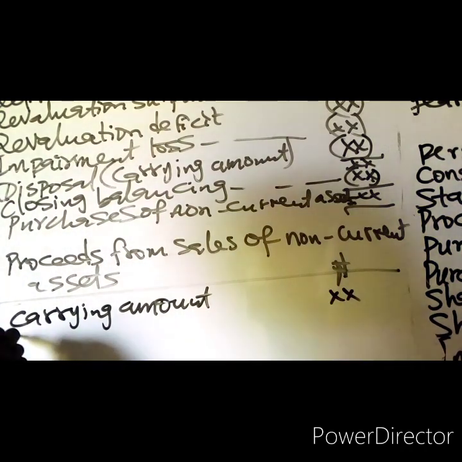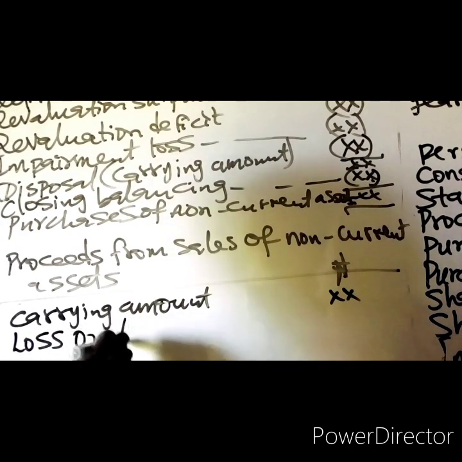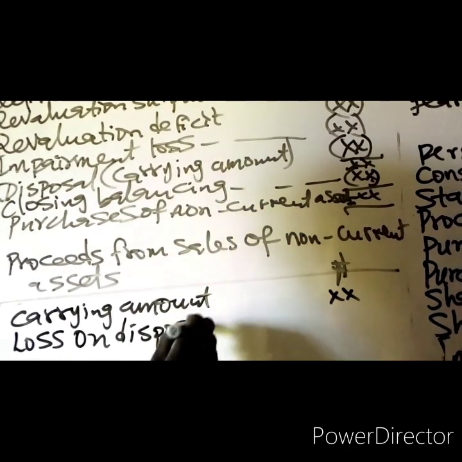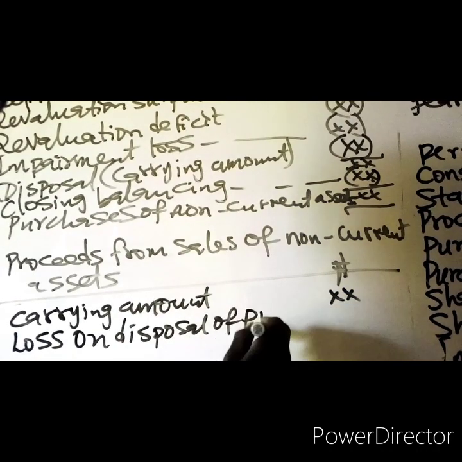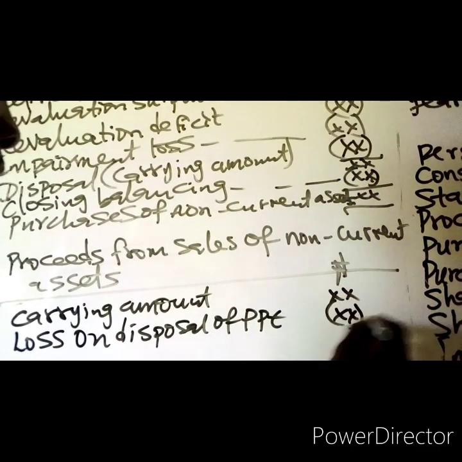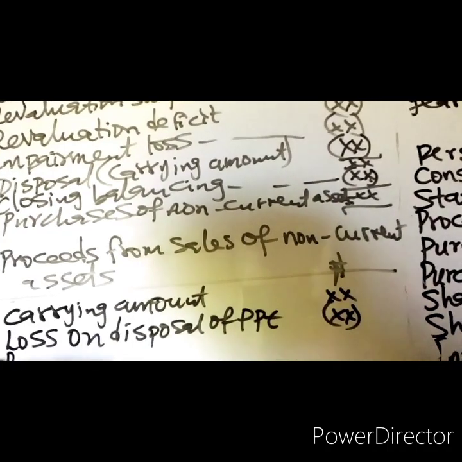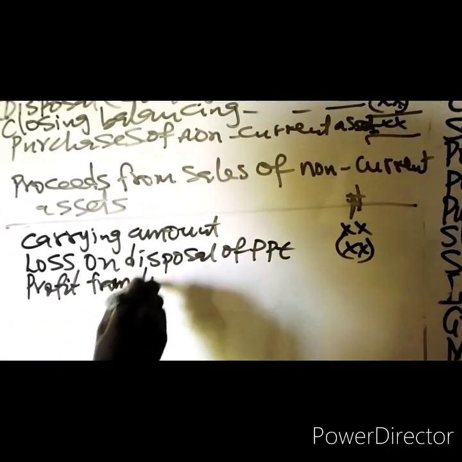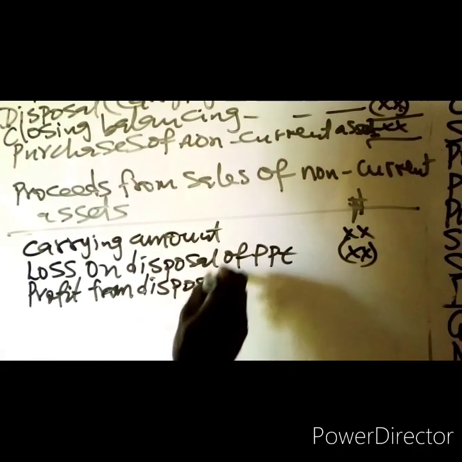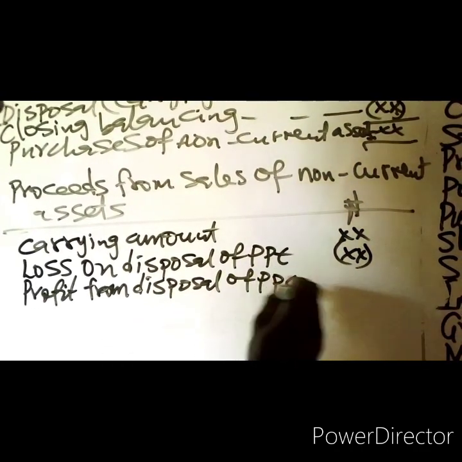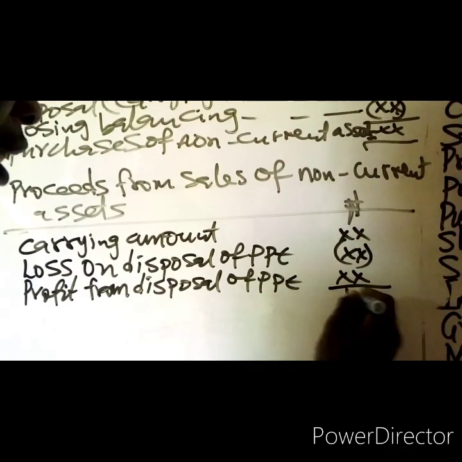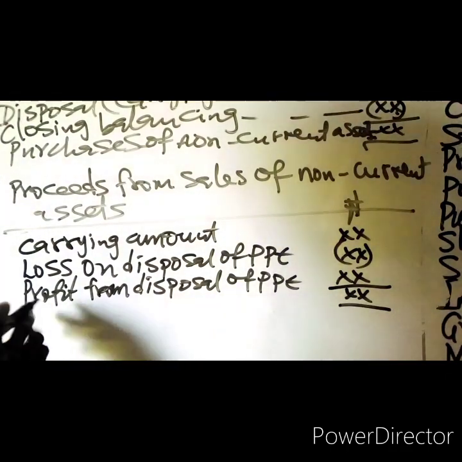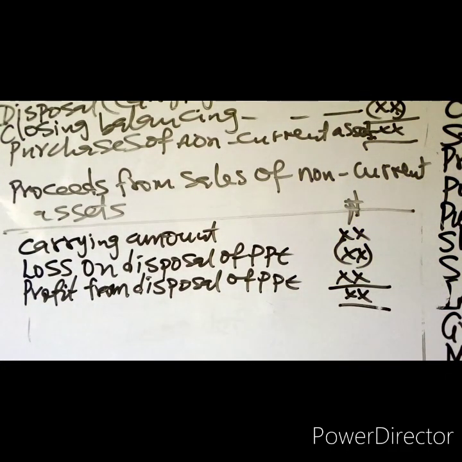Then if it is sold at a loss on disposal of PPE, you subtract the loss. And if it is sold at a profit, we have profit from disposal of PPE. You add the profit, then you get the proceeds. So this amount represents the proceeds from disposal of PPE.